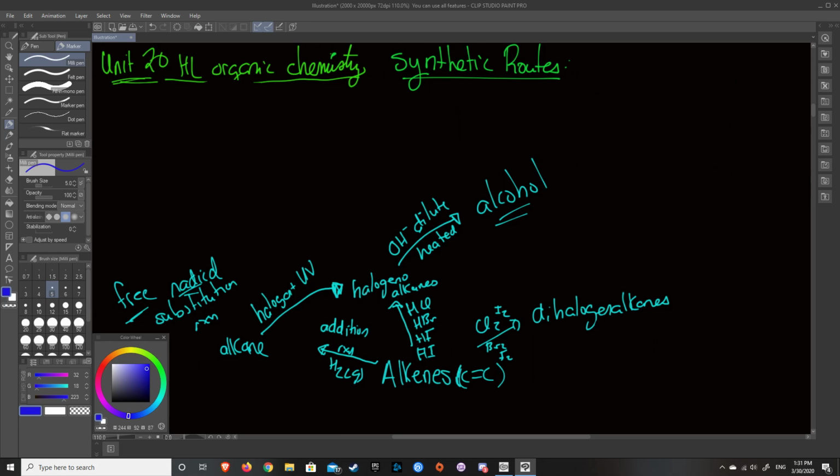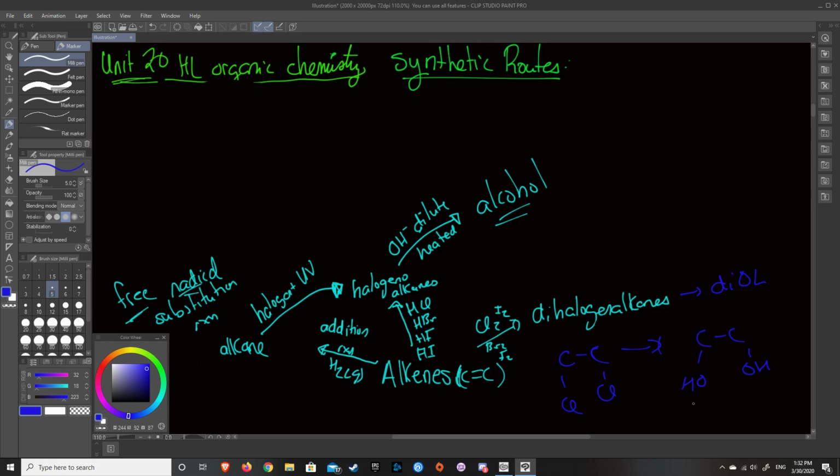So basically you'll be given the identity of the halogenoalkane, or you'll have to do some sort of addition reaction to see. We can take a dihalogenoalkane and we can form a diol, which is two alcohols. So if we had carbon, carbon, chlorine, chlorine, we can react it to form carbon, carbon, hydroxide, hydroxide.